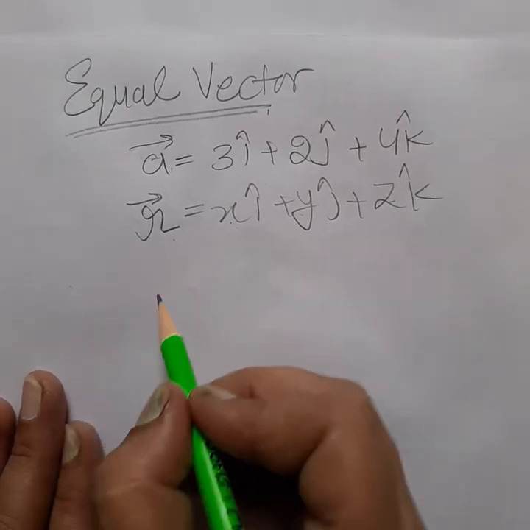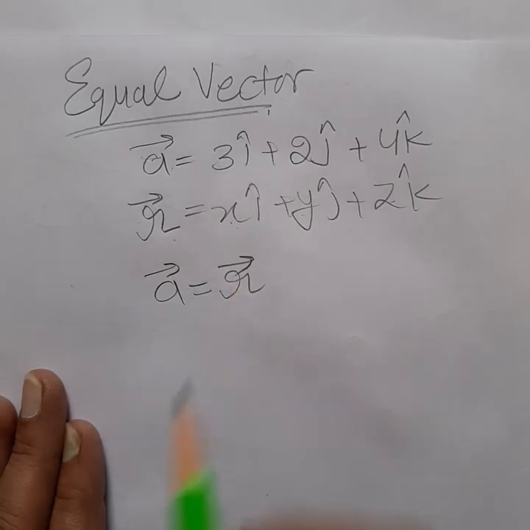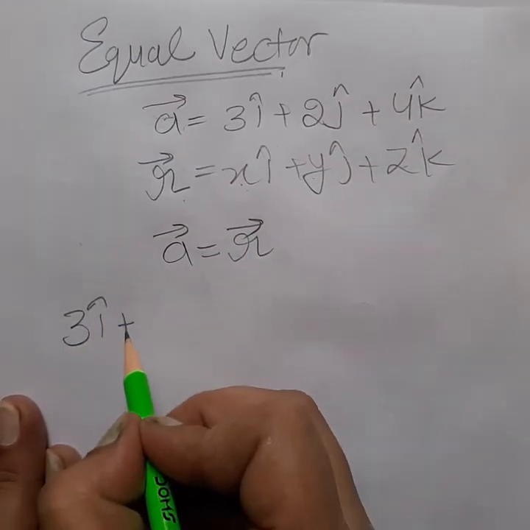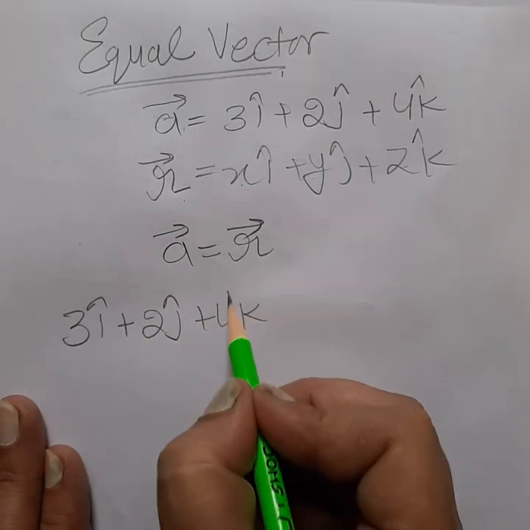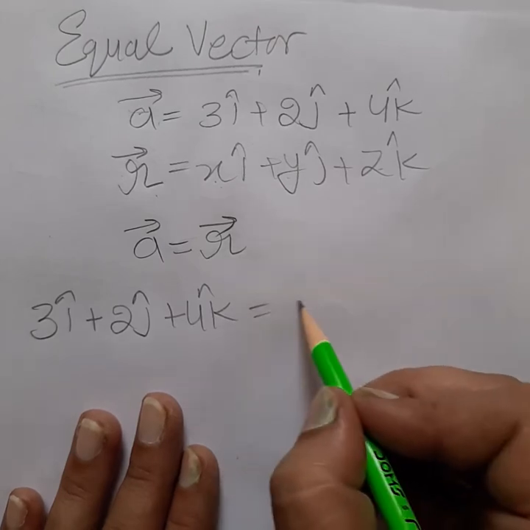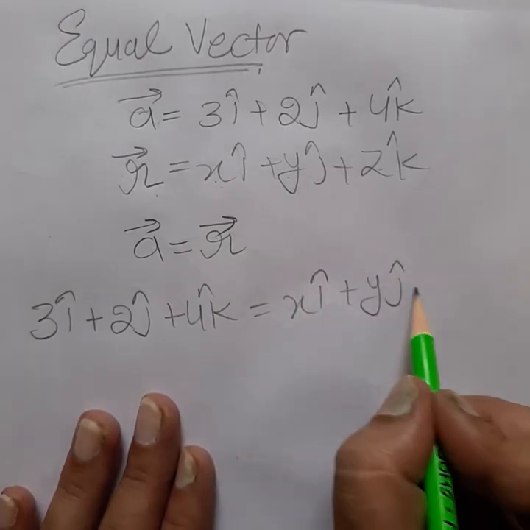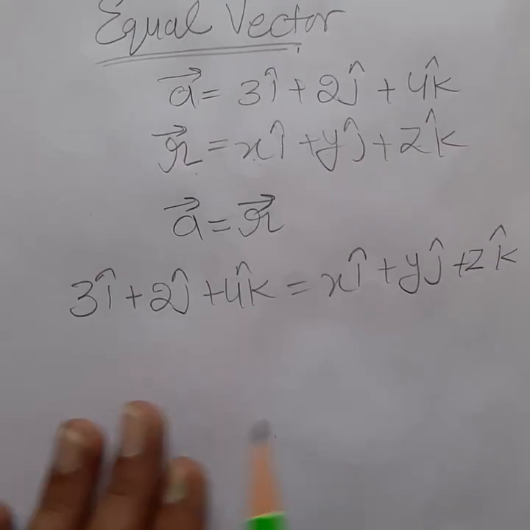So we write vector a equal to vector r. Vector a is 3i plus 2j plus 4k, and vector r is xi plus yj plus zk.